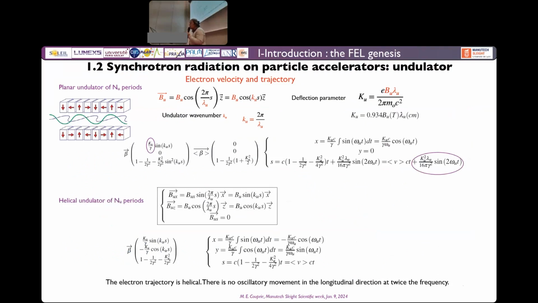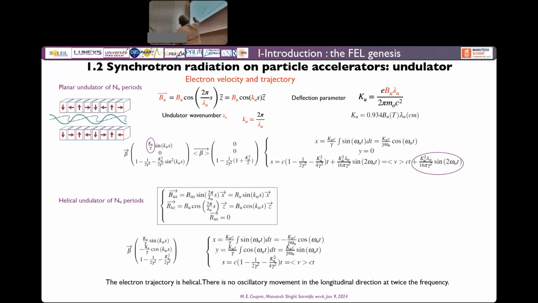Now, if I go into more detail about the undulator radiation, here I consider a planar undulator, which produces a vertical sinusoidal magnetic field. Then we can introduce the deflection parameter, and we can calculate the trajectory.